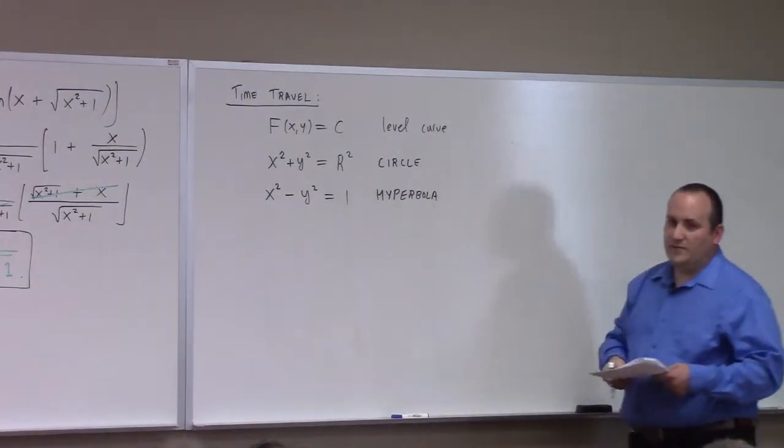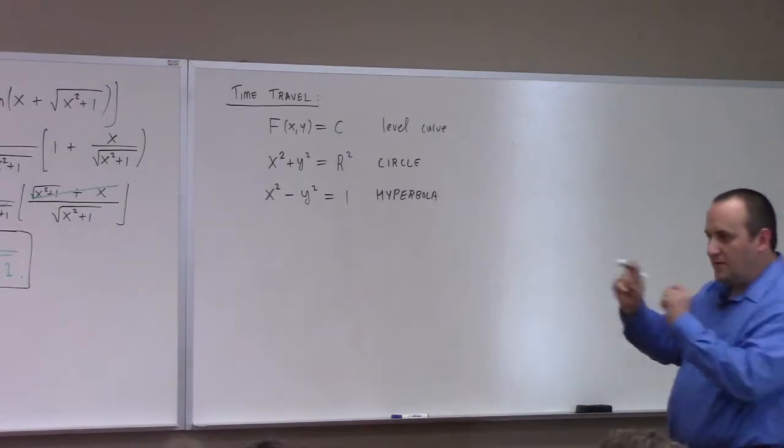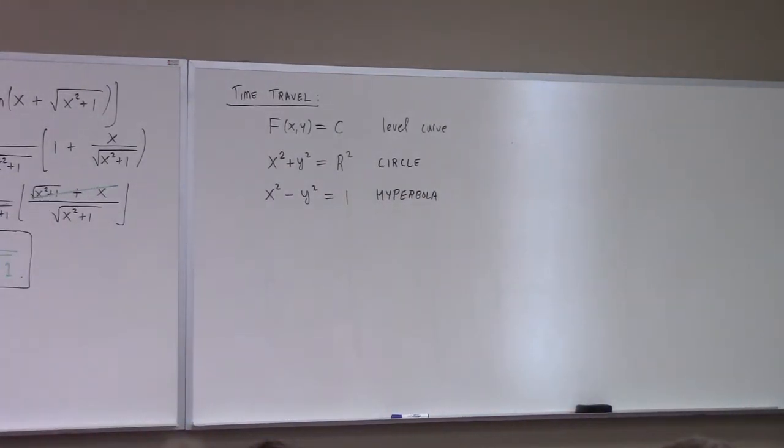A parameterization of a level curve is two functions. You put x equal to a function of time and y equal to a function of time, and this gives us a parameterization of the level curve.